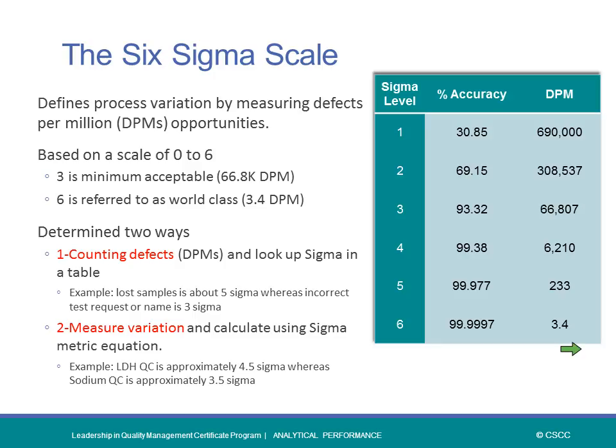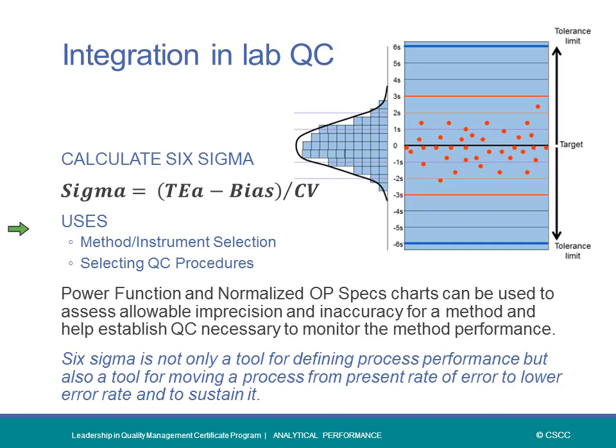Applied to quality control, application of the Six Sigma metrics might look something like this. Instead of having standard deviations indicated here, we've got 1S, 2S, 3S, 4S, 5S, 6S. And if we were running a Six Sigma method and we're showing the complete Levey-Jennings plot to account for all visible data, and the method was in good control, it would look something like this.